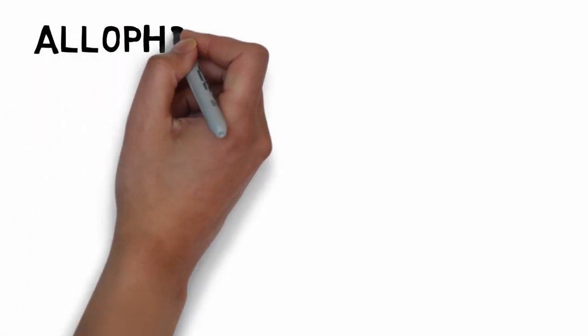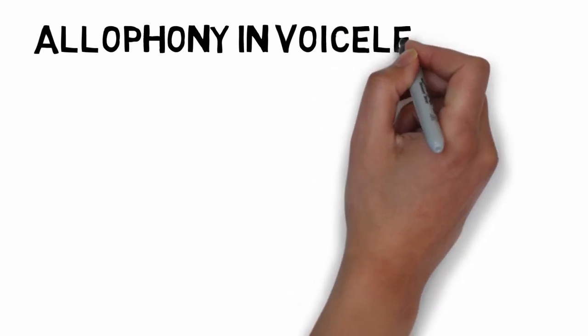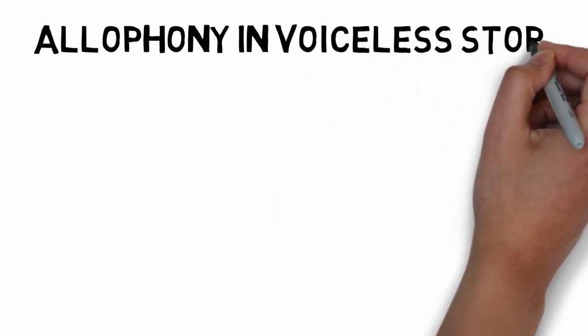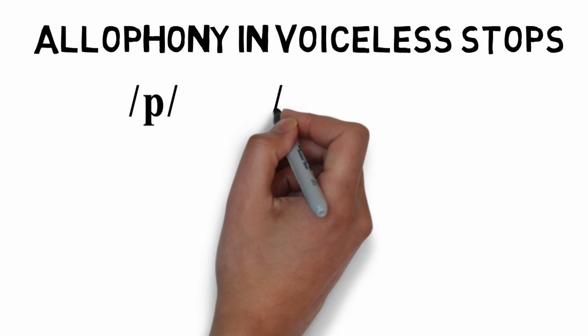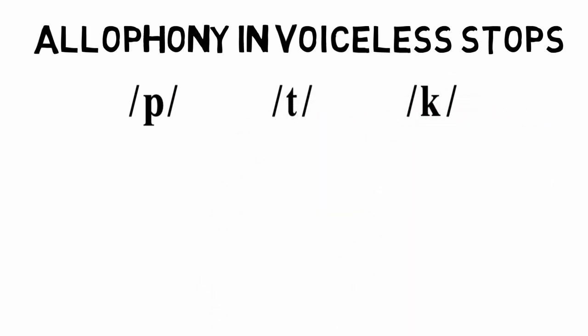Similarly to nasalization, English voiceless stops have multiple allophones. So if we take P, T, and K, again in slashes because we're talking about the mental units here, we have phonemes. Each of these phonemes have three variants.